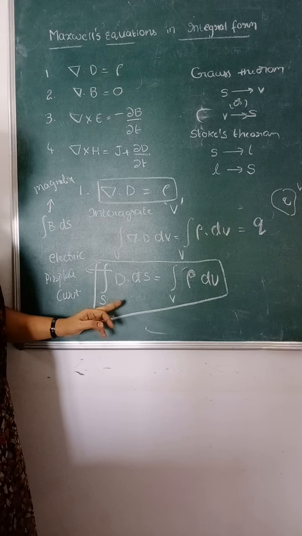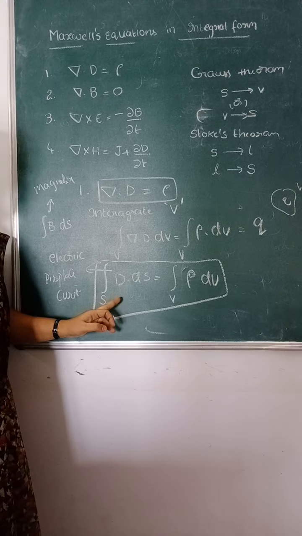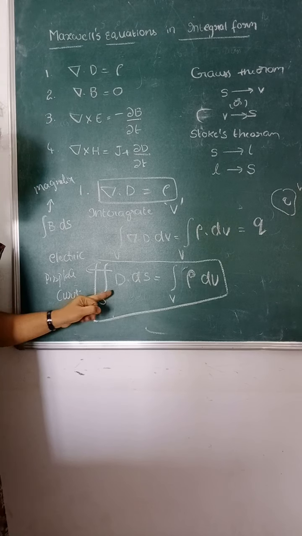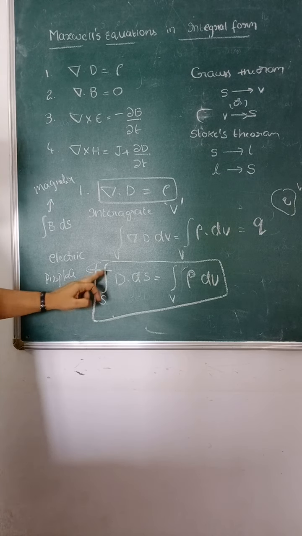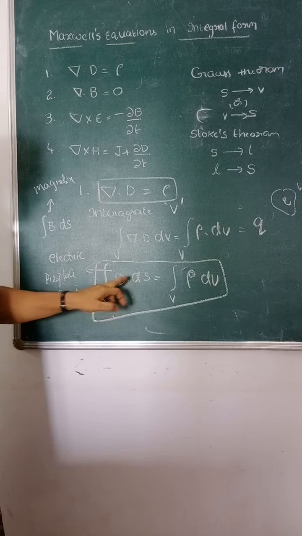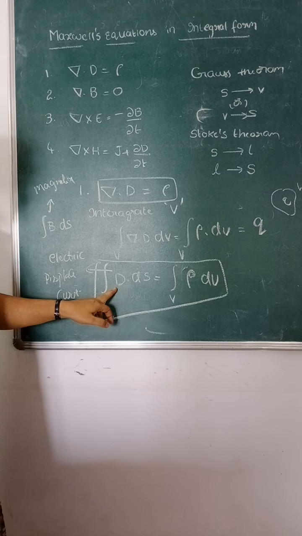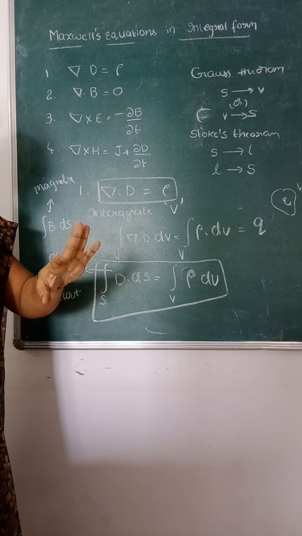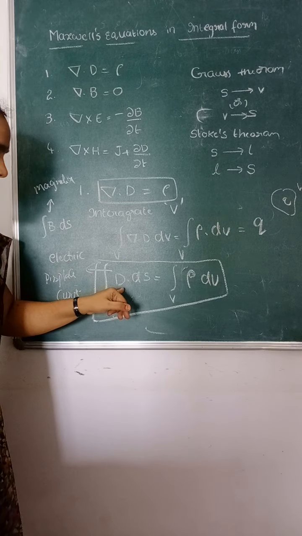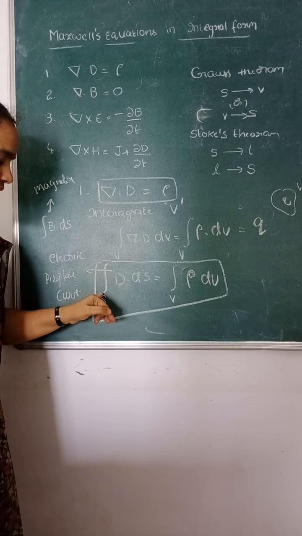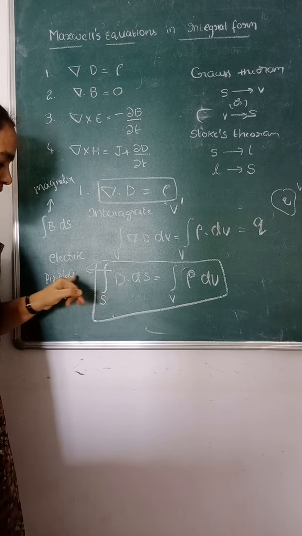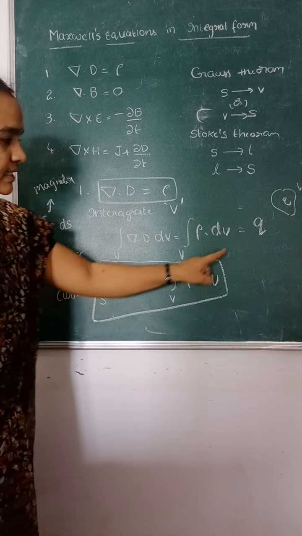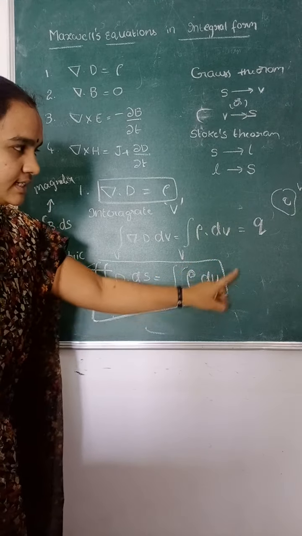So we will define this integral form of the first Maxwell equation as the net outward flux of electric displacement current. So the surface integral of some term multiplied by dS is the flux. So the net outward flux over a closed surface of electric displacement current is equivalent to the net charge enclosed within that volume.